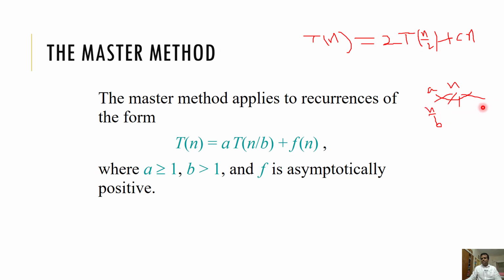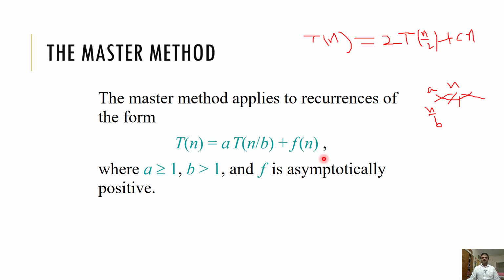We are recursively solving all these a sub problems and that will cost us this, and then this is the cost for f of n. So, f of n, if this is T of n by b, f of n will be the cost for combining. Okay.